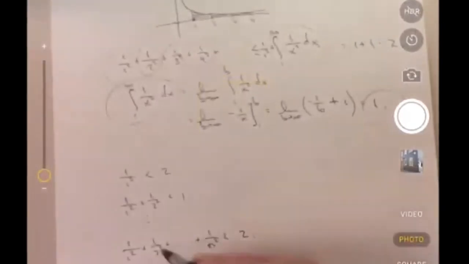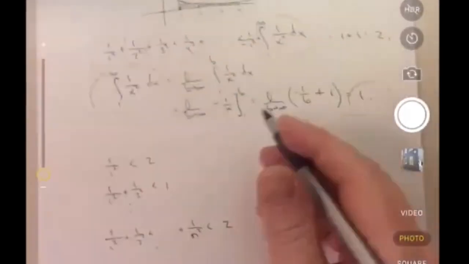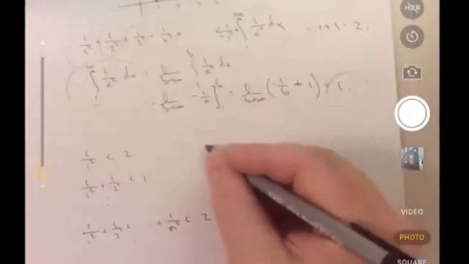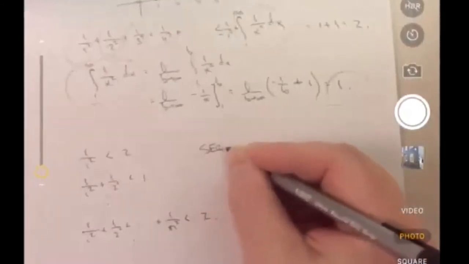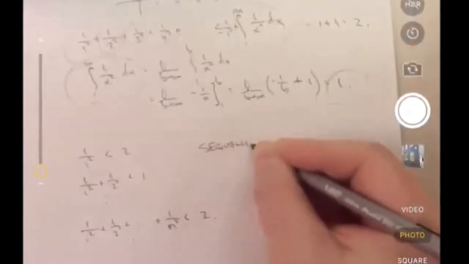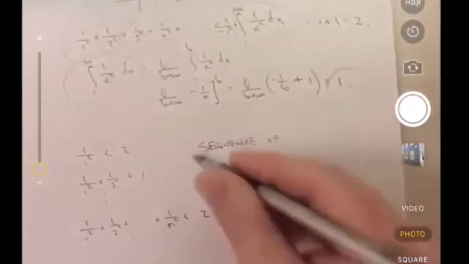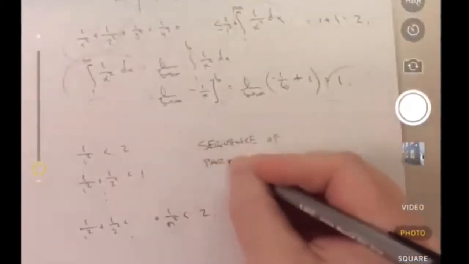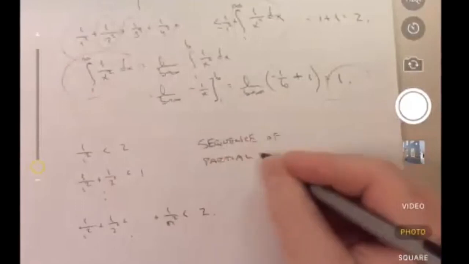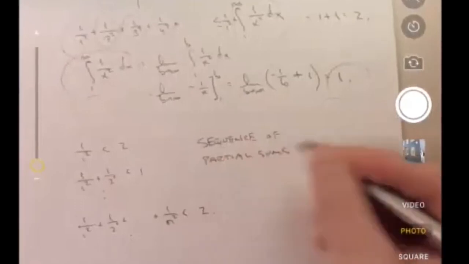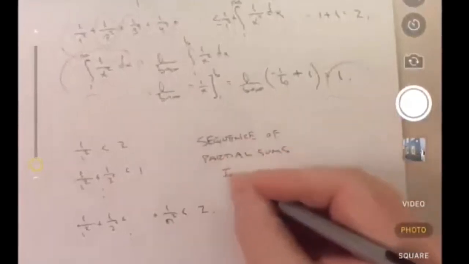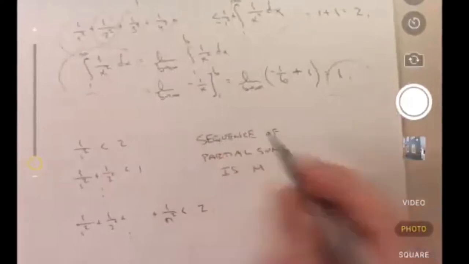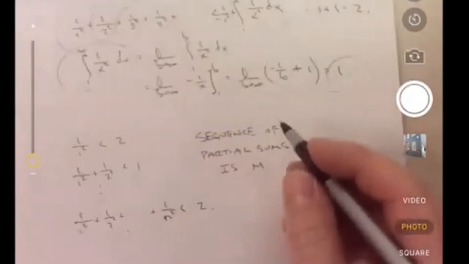And so what we have is a sequence of partial sums that is both monotonic, right? Every time we're adding on a positive term, so the partial sums are increasing in value.